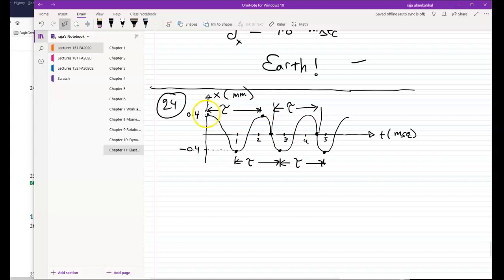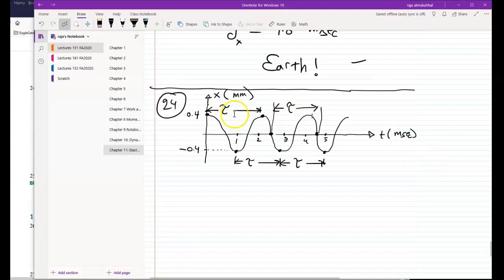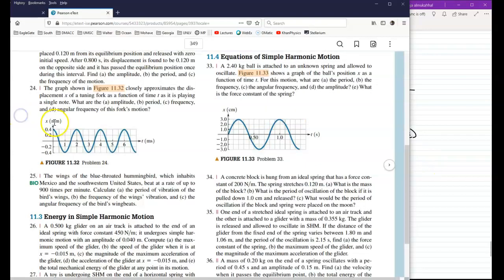So let's see. Starting from 0, this is 0 right here, I hope. Let me go back to the original. Yeah, 0 to, I'm starting from here. So peak to peak, or trough to trough, or from this point to this point, one cycle. Let's say from peak to peak. I'm starting from here, 0 seconds, all the way to this peak, which is 2.